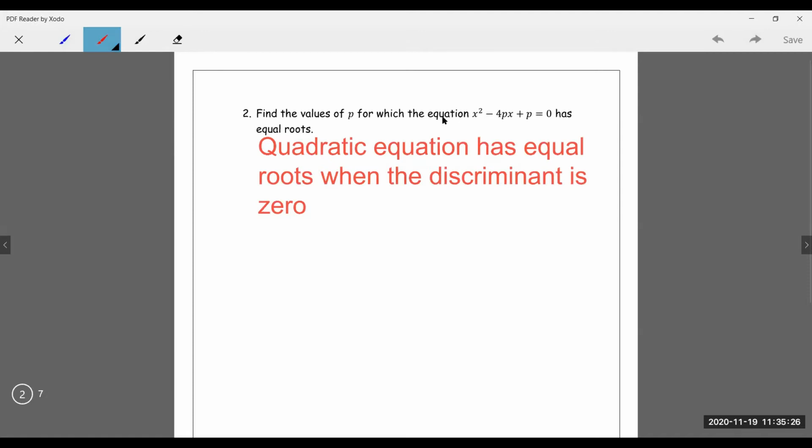Now, looking at this, x squared minus 4px plus p equals 0. The discriminant right here would be minus 4p squared minus 4 times a times c. b squared minus 4ac is the discriminant. In this case, a is 1, so put minus 4 times 1, and c is p.